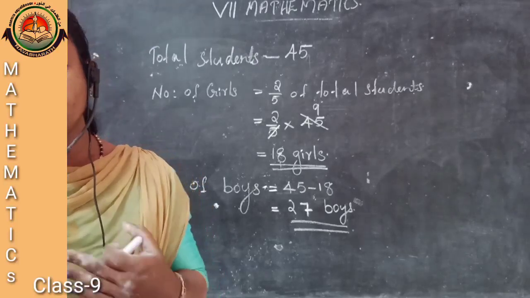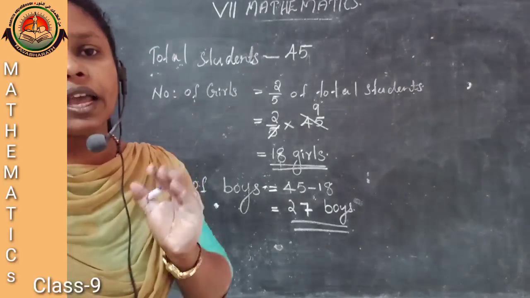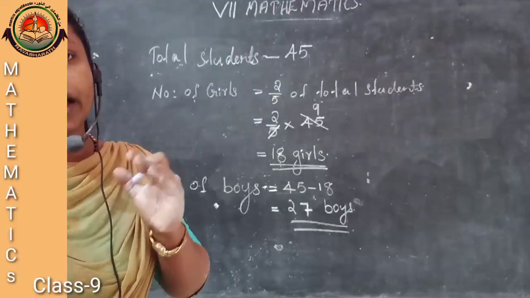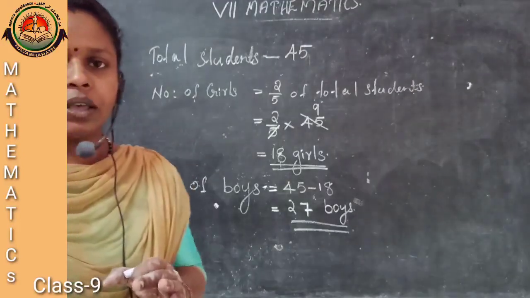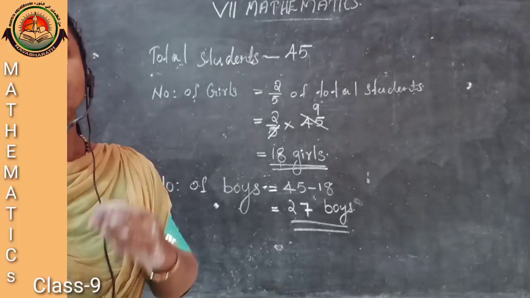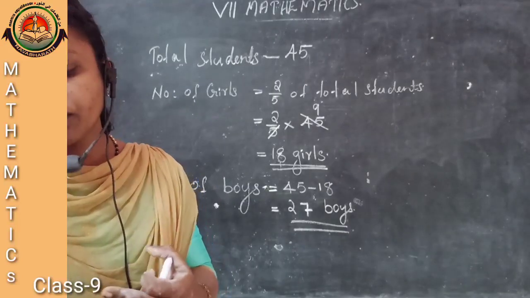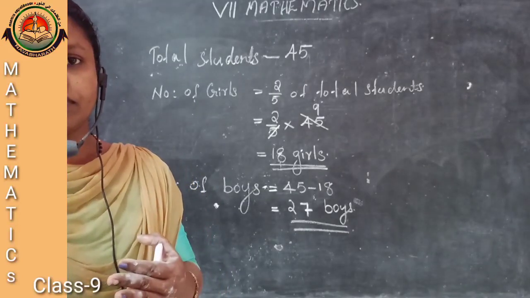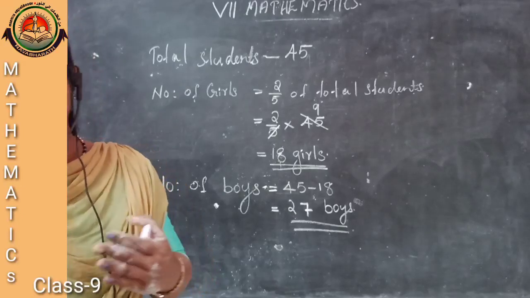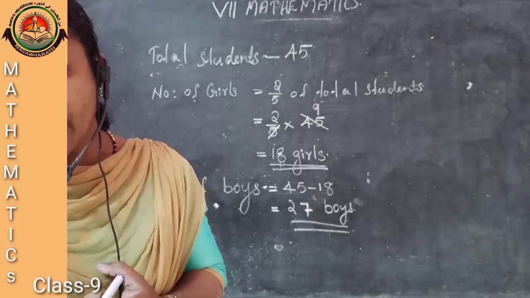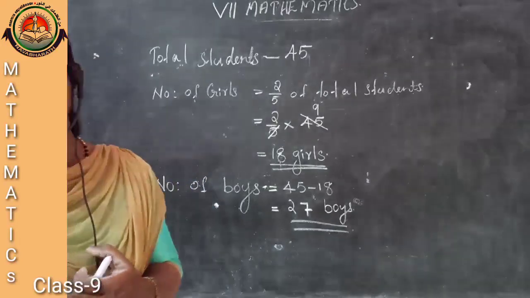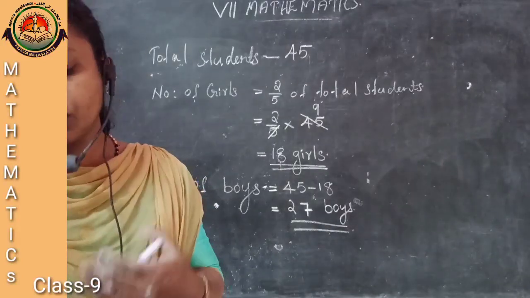Then of the students, that is 2 by 5 of the auditorium filled with students, 1 by 6 are girls. What fraction of auditorium is filled with girl students?